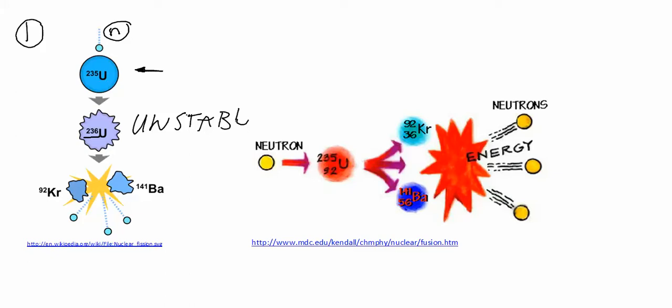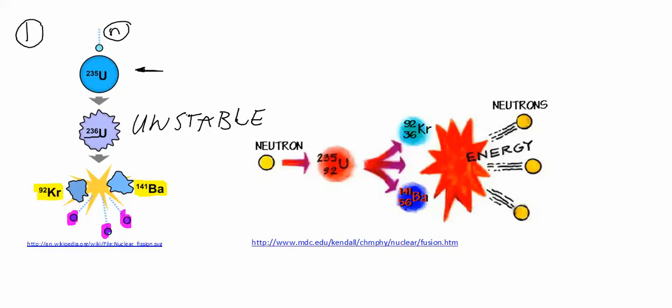That unstable uranium isotope is going to break down into two smaller elements, krypton and barium. And you'll notice that when that happens, three more neutrons are generated. That's going to become important later in the week when we talk about something called the chain reaction.